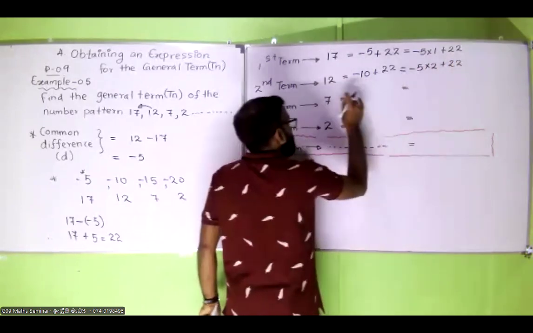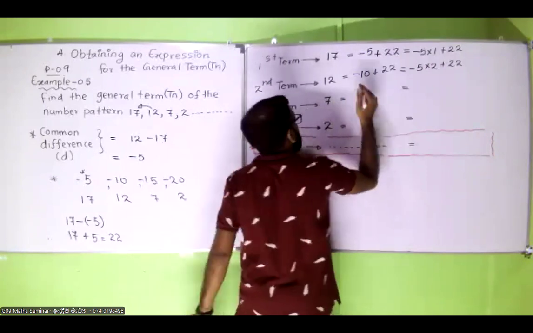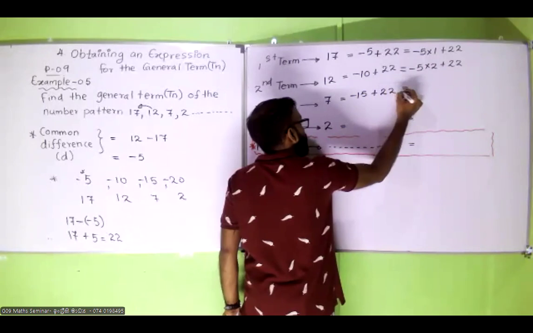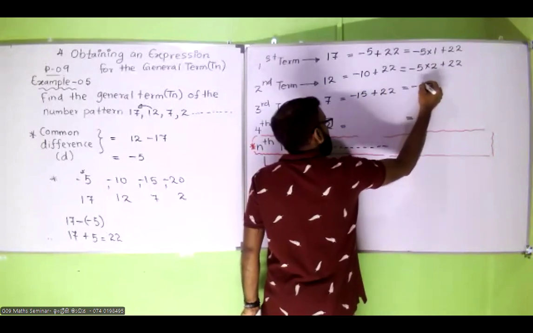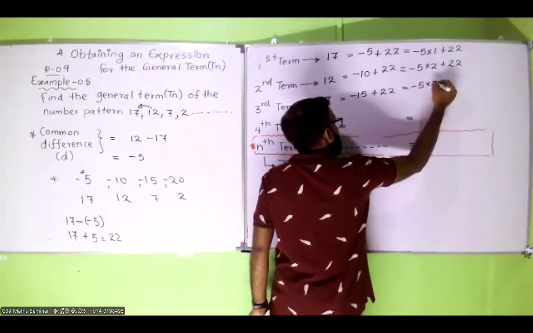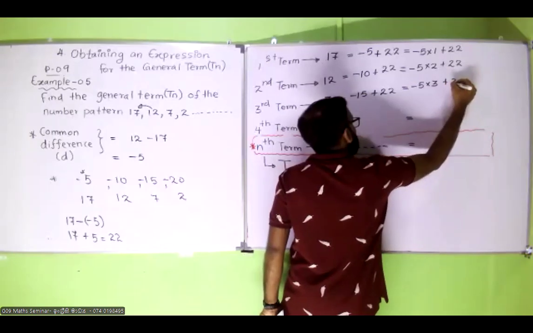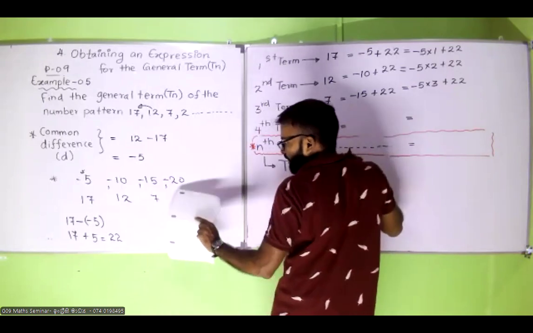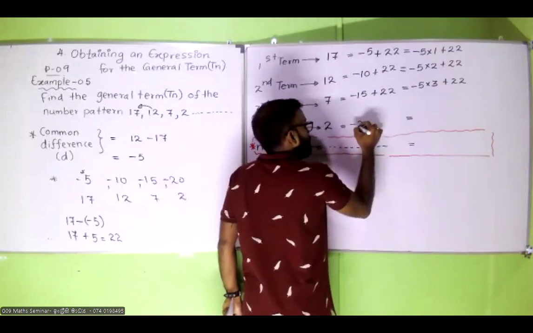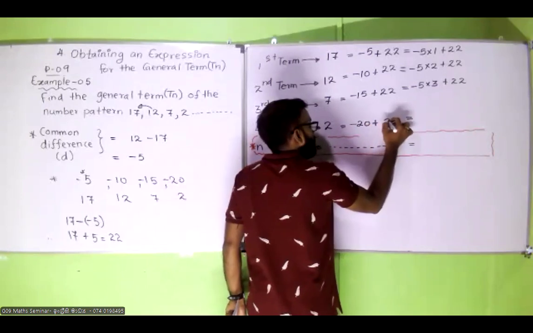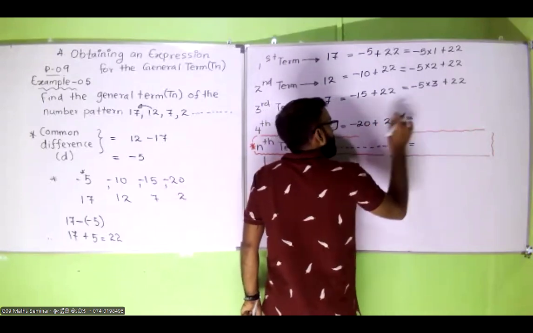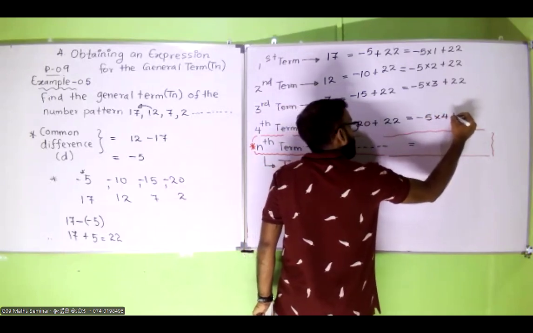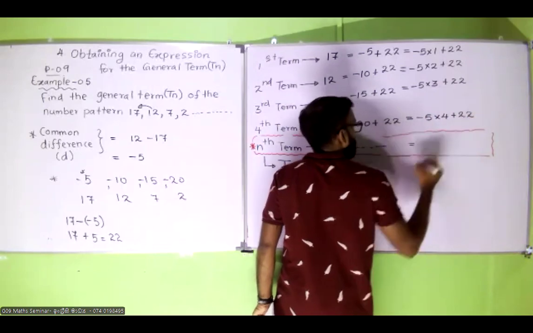For 7, the corresponding term is negative 15: negative 15 plus 22, written as negative 5 times 3 plus 22. For 2, negative 20 plus 22, written as negative 5 times 4 plus 22.